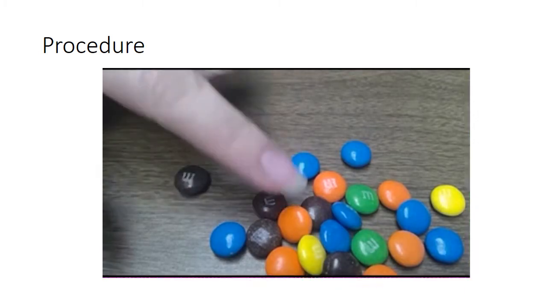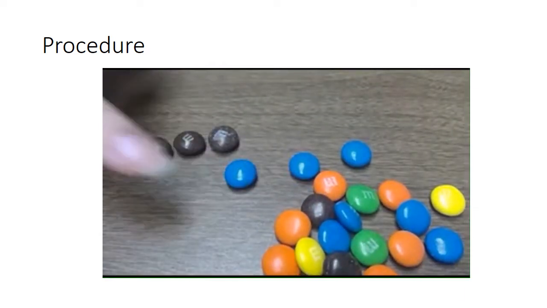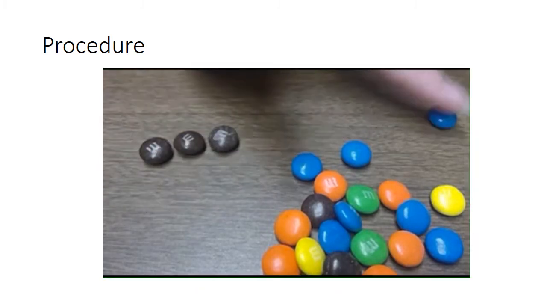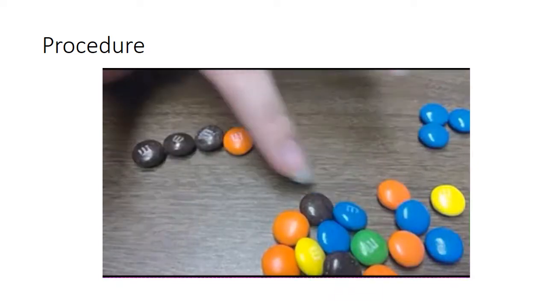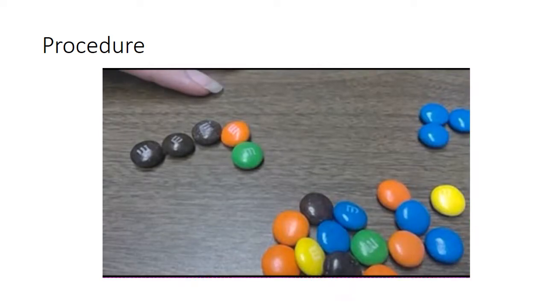So this has the M, this has the M, this has the M. Now this one, the M is gone. That means this one is safe to eat. You're going to divide them into two groups. It should be about half will decay every single time.